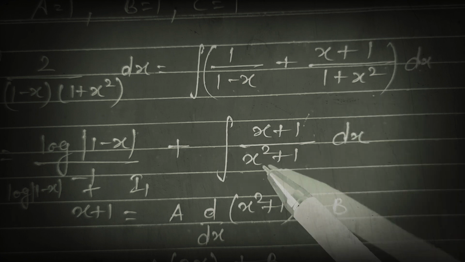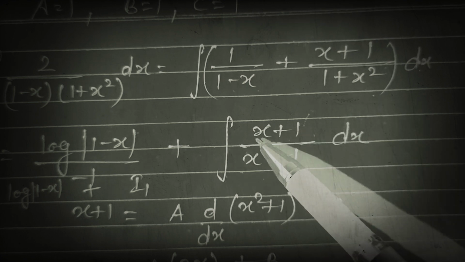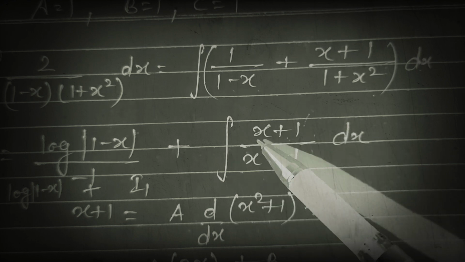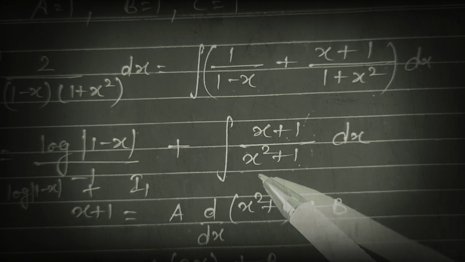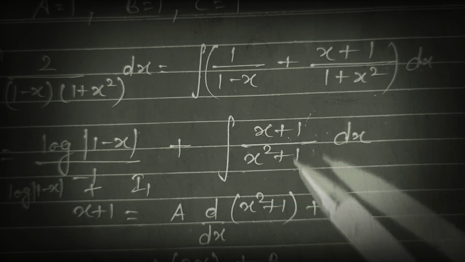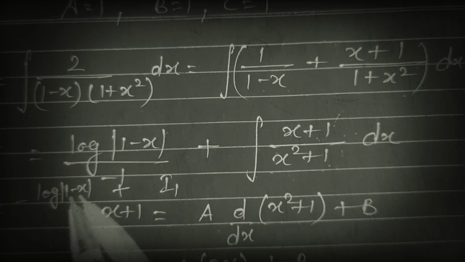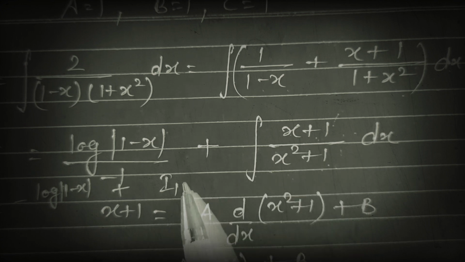1 plus x square we can write as x square plus 1. Numerator is in linear form and denominator is in quadratic form. So we can make numerator as a times derivative of denominator plus constant. So we can use another method here. This is minus log of (1 minus x), and I am taking this as I1.